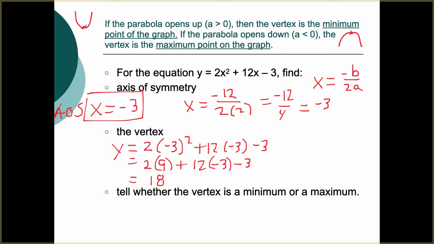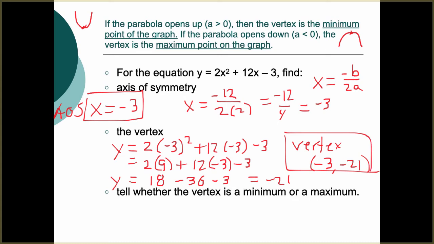We have 12 times negative 3, which is negative 36, and minus 3. And when we take 18 minus 36 minus 3, we combine them all together, we get negative 21. So our vertex is the point negative 3, negative 21. That's our second piece.